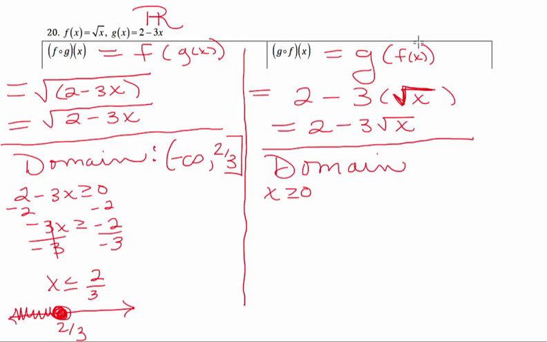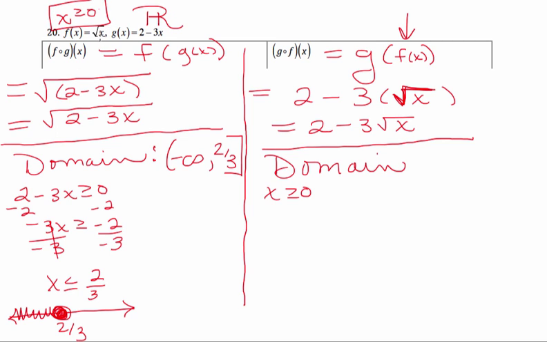And then we just need to make sure we look at the domain of the inner function separately. The domain of my inner function up here, which is the square root of x, has to be looked at. In the square root of x, you're going to figure out what makes your radicand greater than or equal to 0. So I'm going to take my x, that's underneath, set it greater than or equal to 0, and that's done.